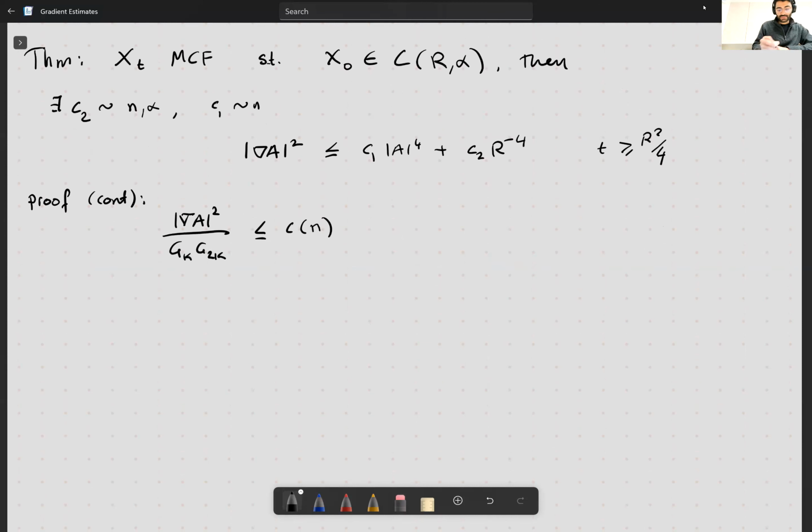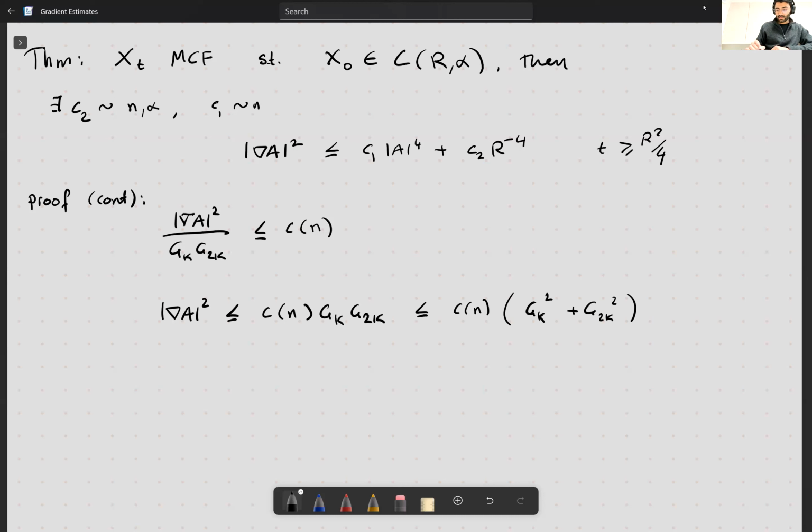Just by a constant that depends only on n, because if we have that, then I'll remind everyone what G_K and G_2K are in a moment. But if this is true, then we have nabla A squared is less than or equal to C_n G_K G_2K, which is then less than or equal to C_n, constant might change, G_K squared plus G_2K squared.